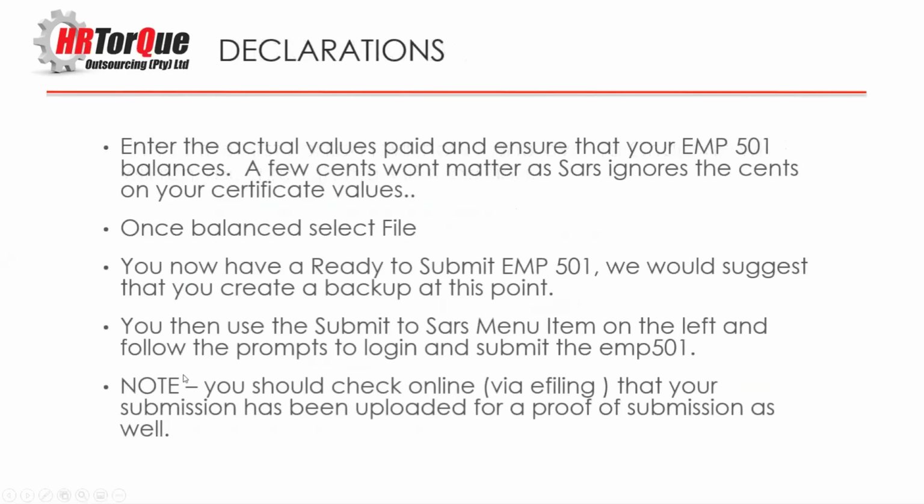The important factor of this last point is that in our experience, even though you have that message to say your submission has successfully been made, we would strongly urge you to use your e-filing login, to log into e-filing, to go and find the proof of submission.